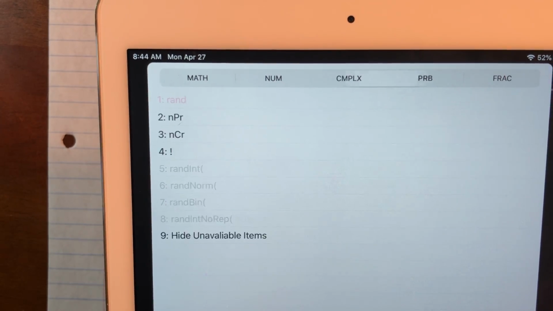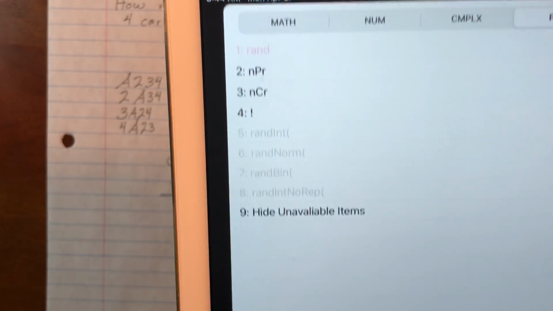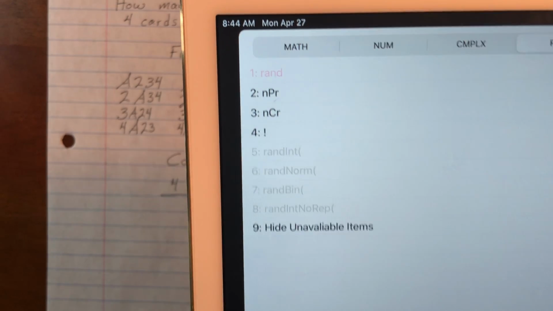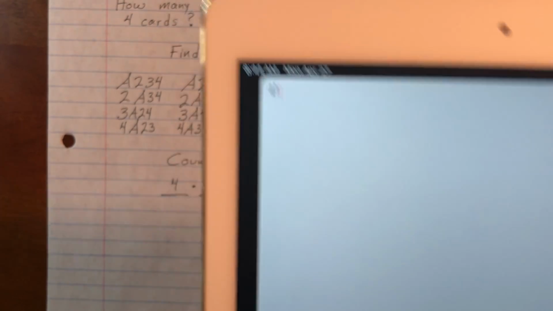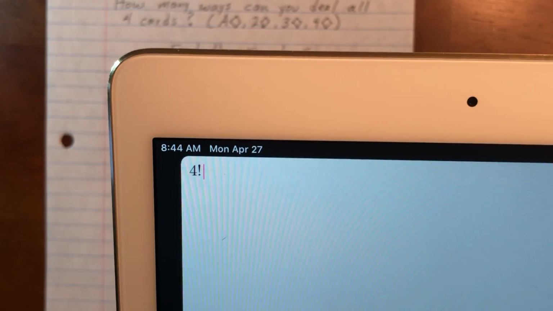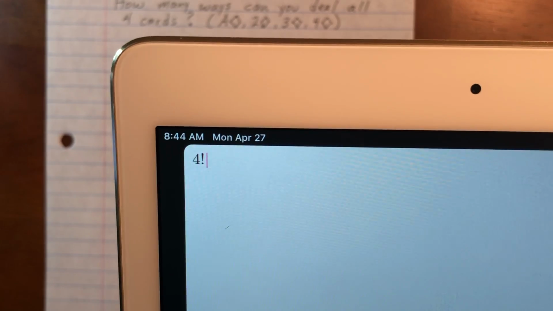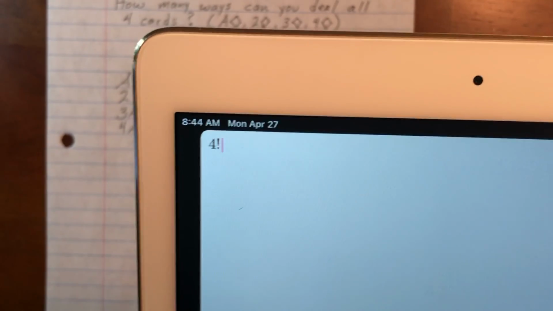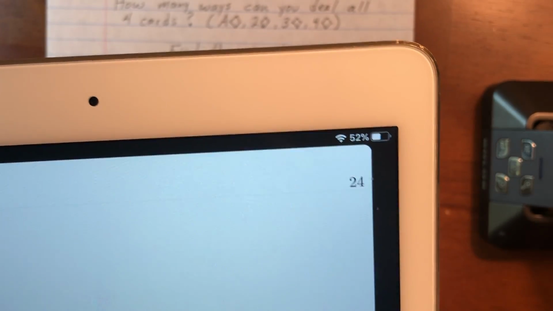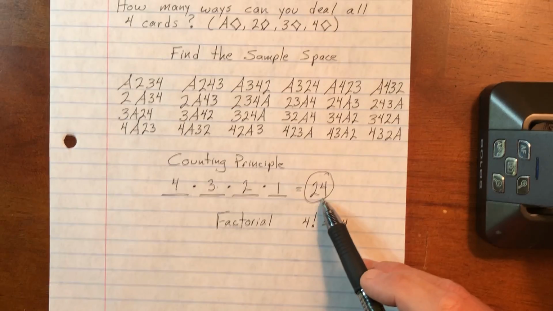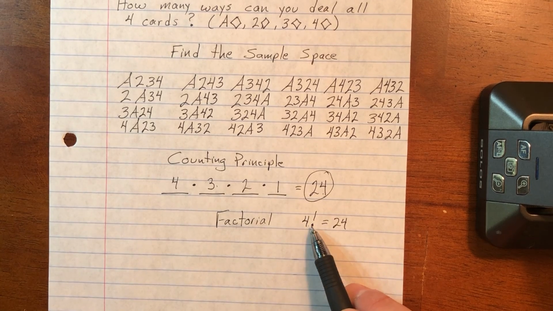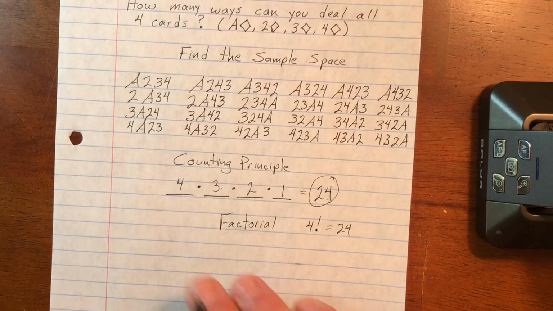So if I go over to probability, you'll see that the fourth choice there is the factorial. So if I choose choice 4, I get the exclamation point right after the 4, and that really stands for 4 times 3 times 2 times 1. So I hit enter, and I get 24, which is just what we thought we were going to get. So we're going to use that factorial later on.